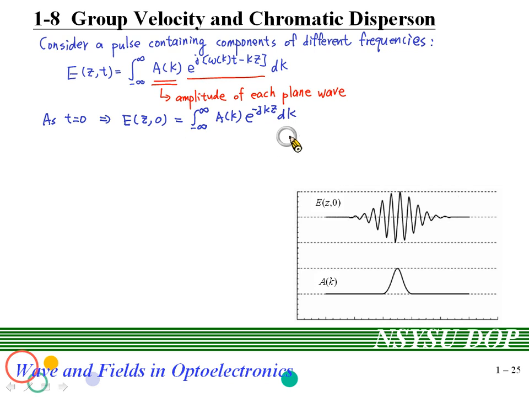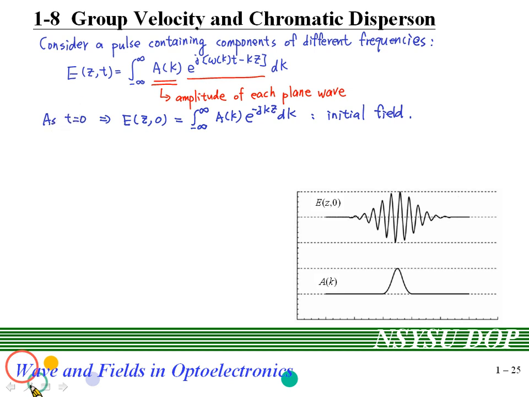So this expression represents the E field as t is 0. That is, this is the so-called initial field. And clearly, the initial field is the field input at t equals 0, right?